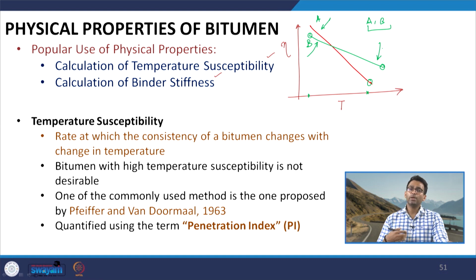So, therefore, temperature susceptibility gives us an indication about the change in the property of the bitumen when it undergoes a range of temperature change.